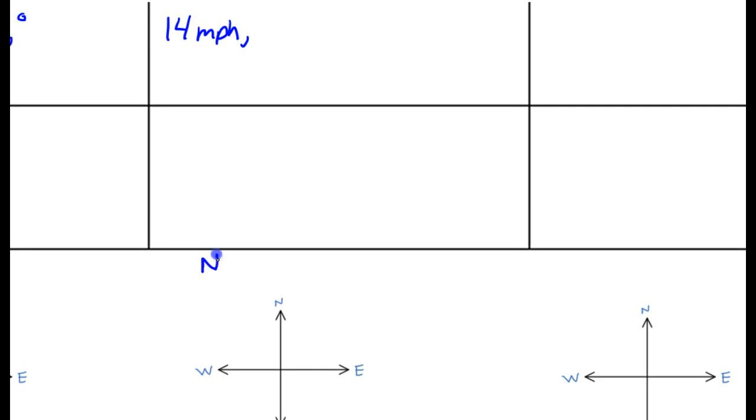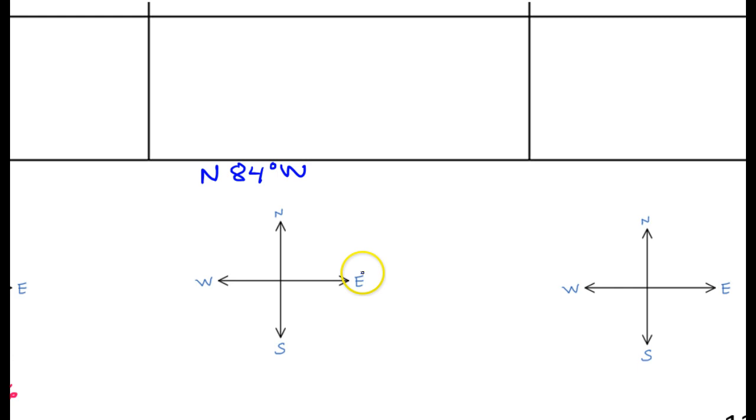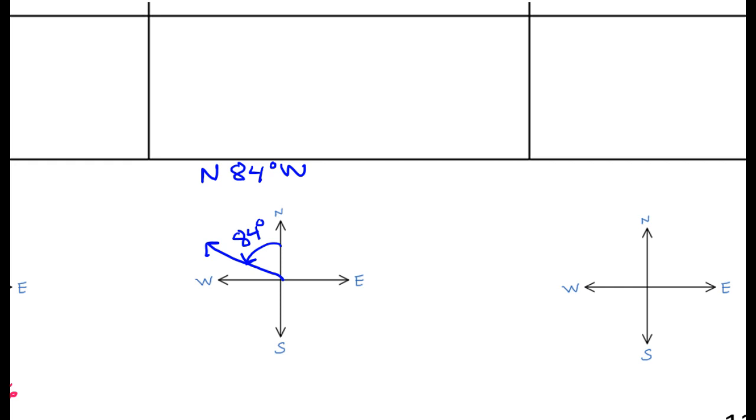Okay, so north 84 degrees west. That means start off due north and turn 84 degrees towards the west. So that means the vector is going to be here, where this is 84 degrees. But what we need is the direction as measured from the positive x-axis. We need this angle for the chart.